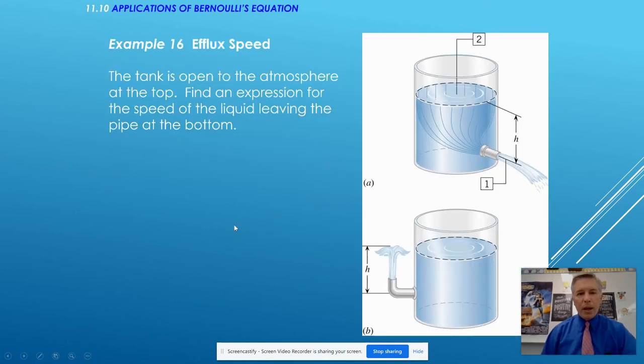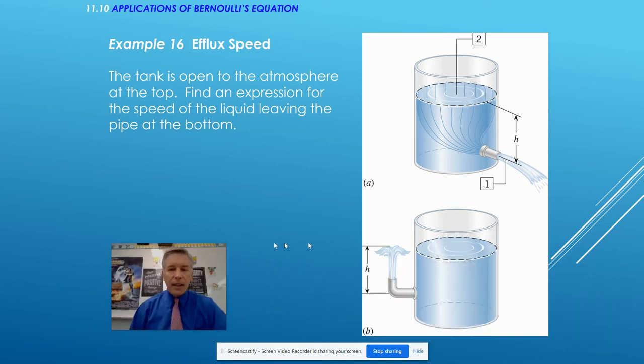Here's another cool part. Let's say you have a tank that has fluid flowing out here, and you want to find an expression for how fast it's going. So you have to pick a couple of points. One of them would be the top of the fluid. Another one would be where the fluid's coming out.